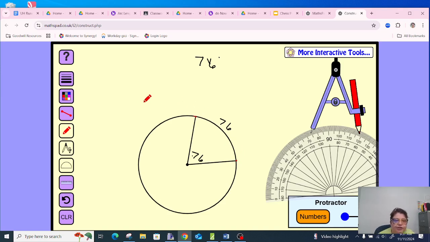Now take a straight edge and draw a point on any opposite side of the circle. Where it intersected the circle, draw segments to that new point you created, and then measure that angle.